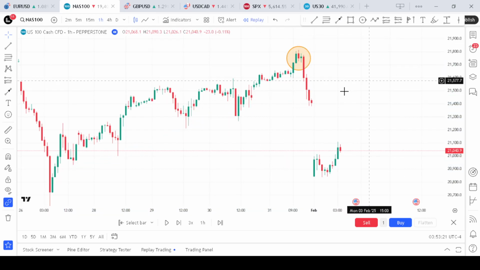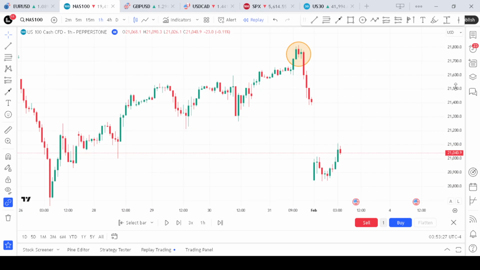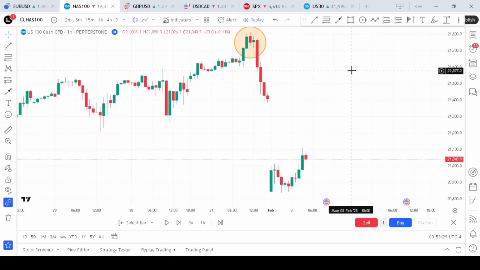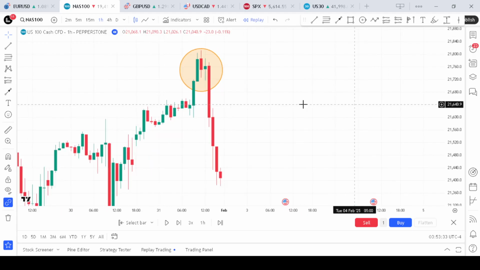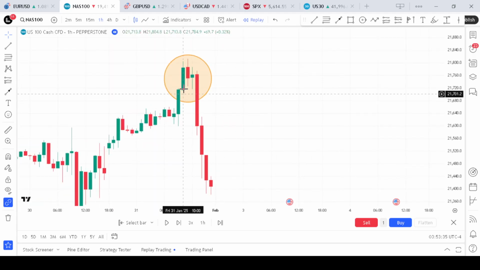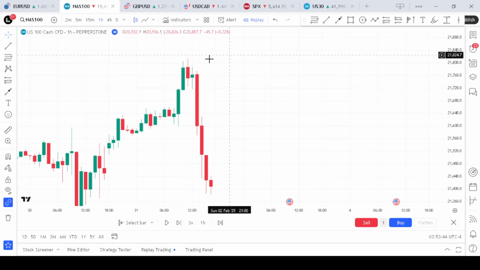All right, we have to wait for the bearish candle to close below the midpoint of the first candle. Now as we can see from this area I marked on my chart, we see a strong bullish candle and we see a bearish candle closing below the midpoint of the first candle.